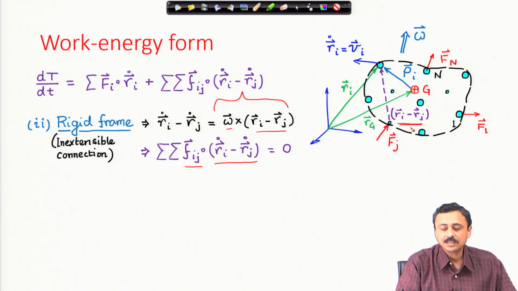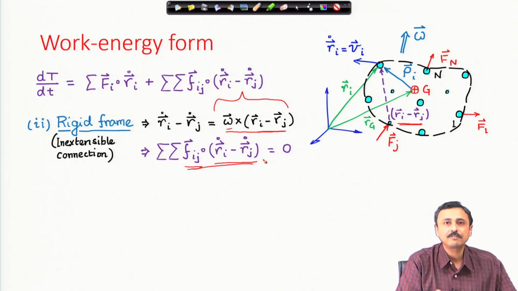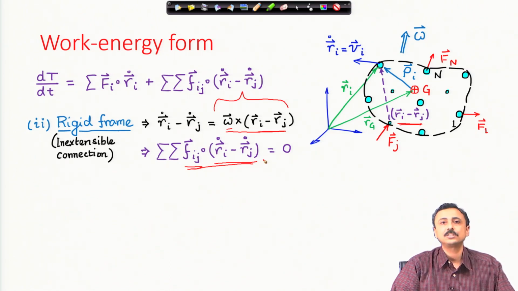Therefore, this dot product vanishes, because F_ij is perpendicular to the relative velocity vector.